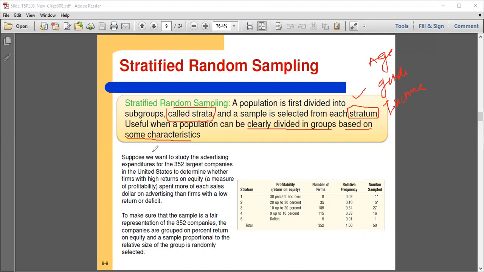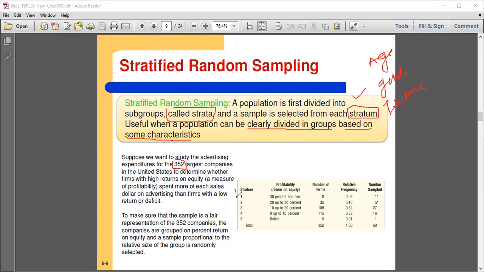So let's move on to the example. Suppose we want to study the advertising expenditure for 352 largest companies in the United States to determine whether the firms with high return on equity, a measure of profitability, spent more of each sale dollar on advertising than firms with low return on equity.